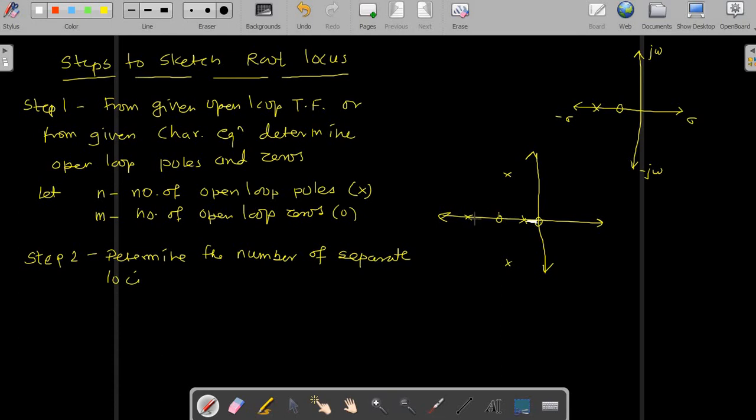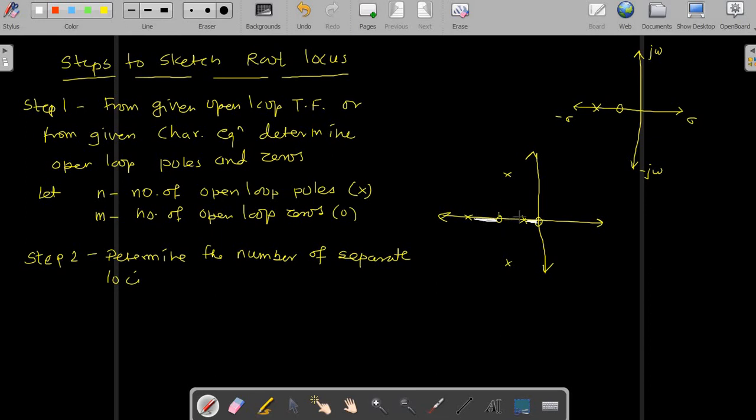Similarly, if I consider this region, to the right hand side of this region there are 1, 2, 3 in total. If I count it, two zeros and one pole, so this number is going to be 3. So this is going to be a root locus region.